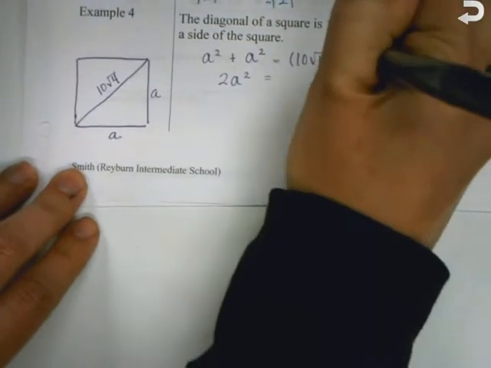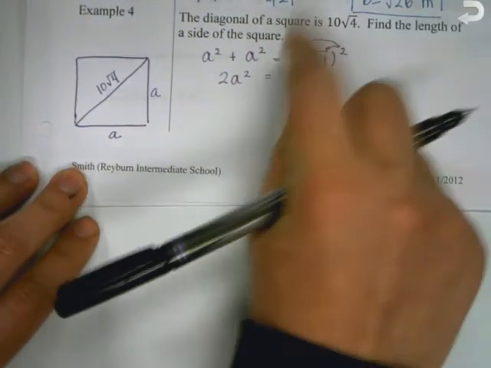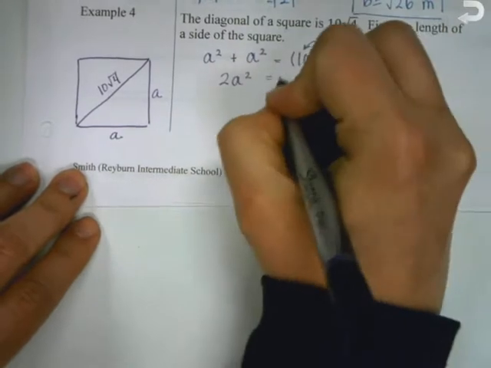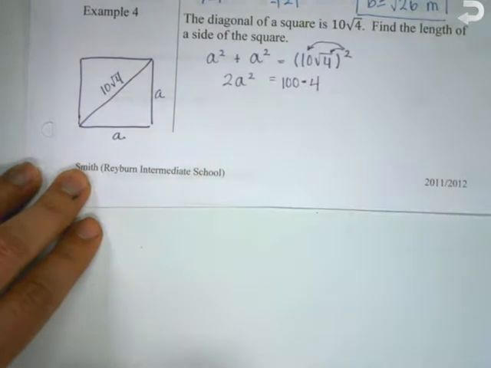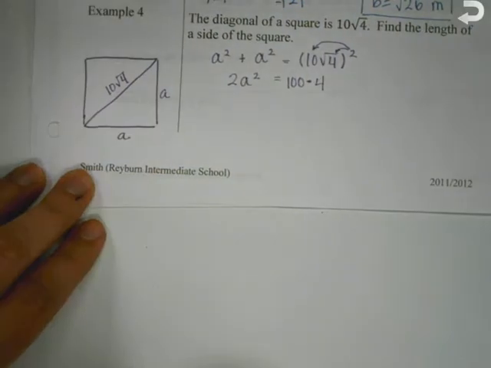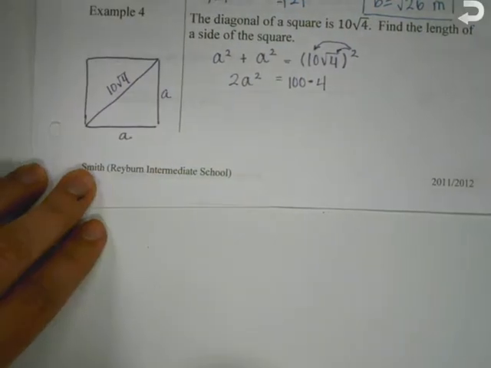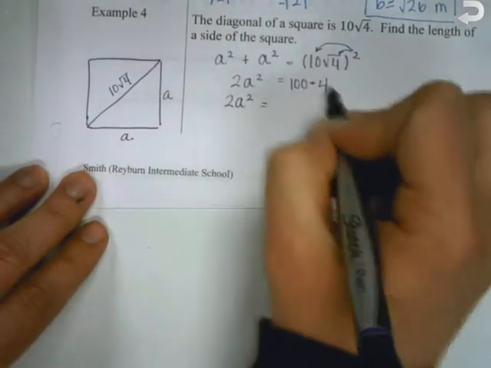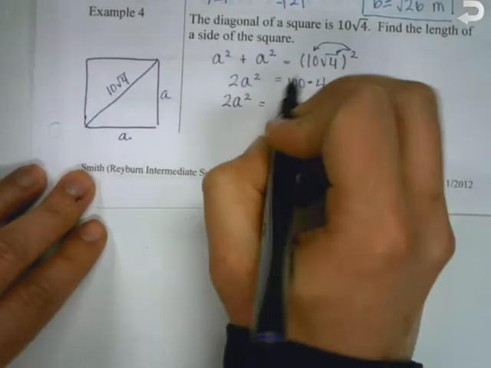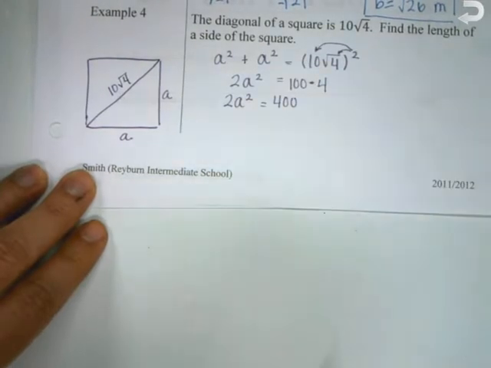What is 10 squared? 100 times 4. So 2A squared equals, what's 100 times 4? 400. Then what? Divide by 2.